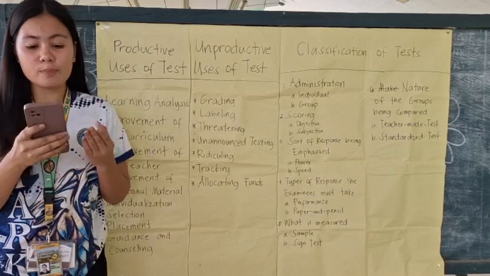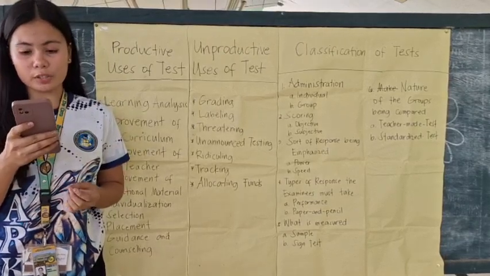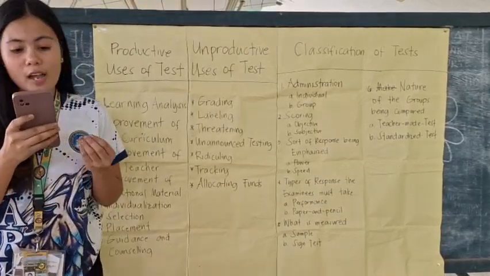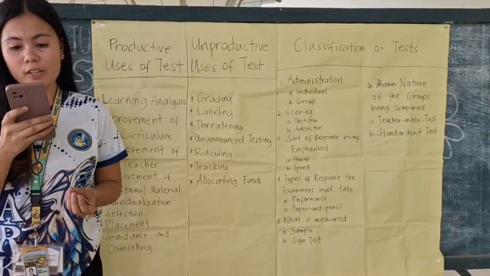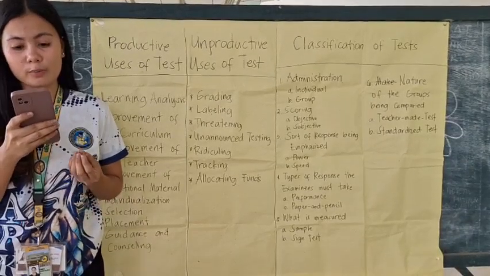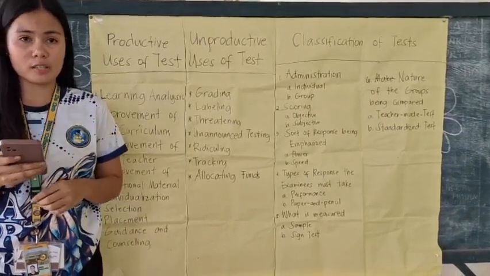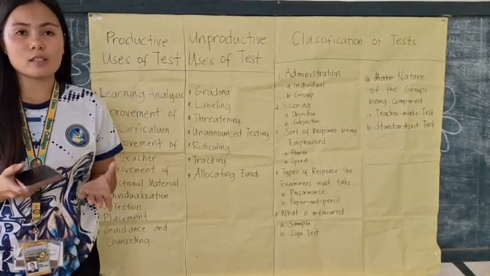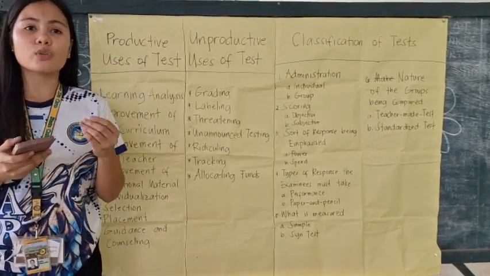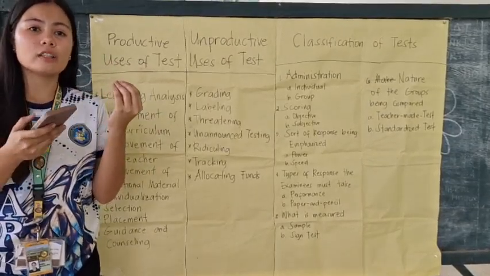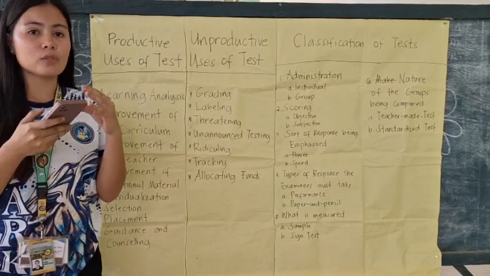So next is improvement of instructional materials. Tests measure how effective instructional materials are in bringing about intended changes. So the teacher uses a test to see if the things that they teach are actually working.